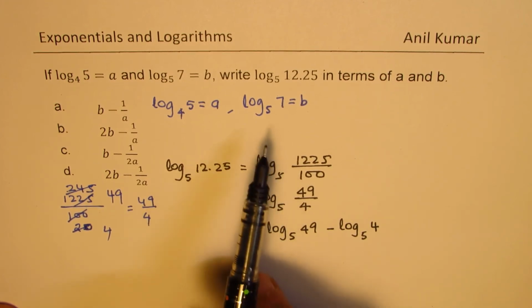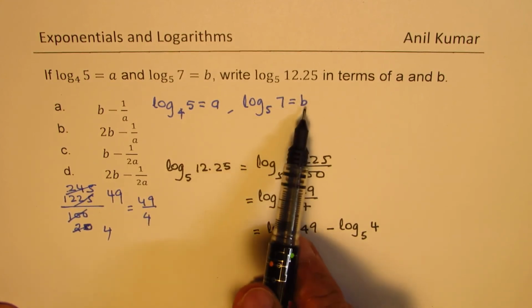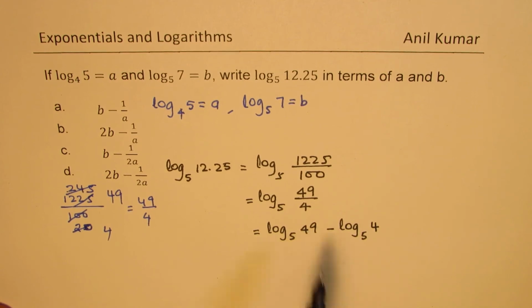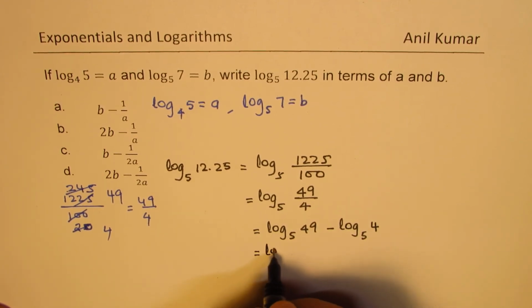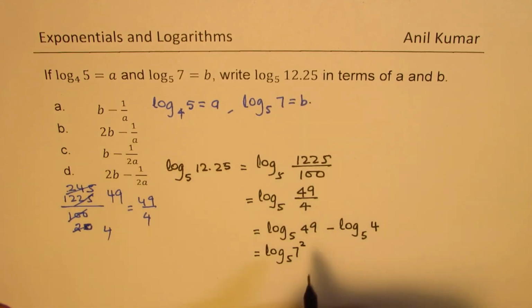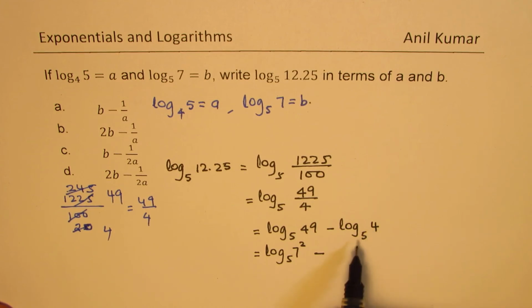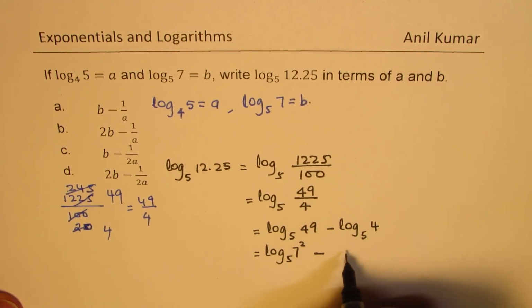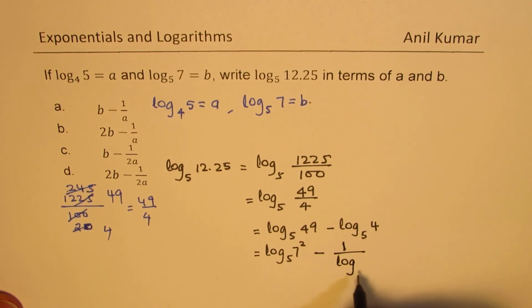Now we know log to the base 5 of 7 is b, so this is 7 square, right? So this is log to the base 5 of 7 square, so we know this is 2b minus. Here we need to change the base, right? Now log to the base 5 of 4 is the same as 1 over log to the base 4 of 5, right? So you could change the base. Let me show you this calculation.